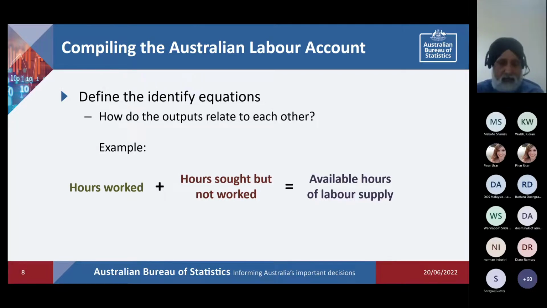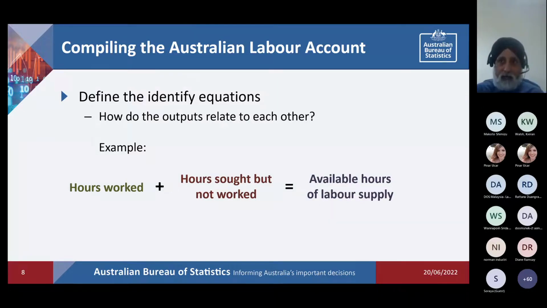So it's basically trying to scavenge as many data sets as are available to answer the policy question that you are trying to address. The next step is devising the labour account framework, which is defining the identity equations. And this is really critical in terms of developing the labour account. So you look at your source data and you identify the relationship that should hold between the data.